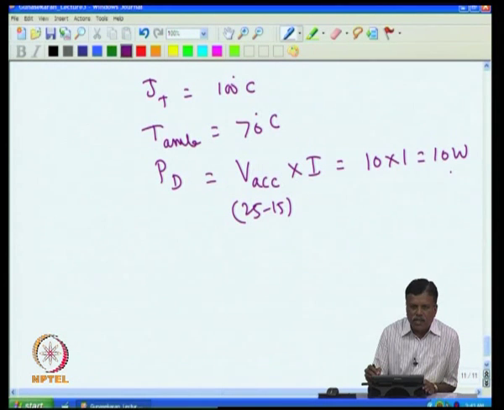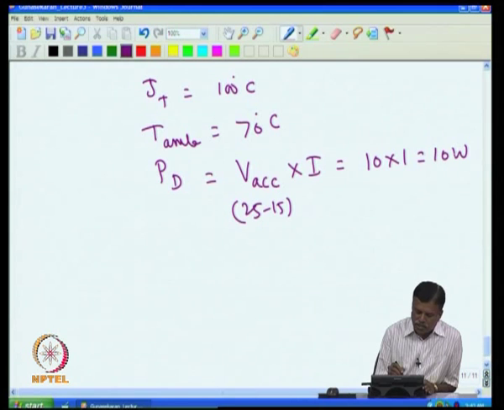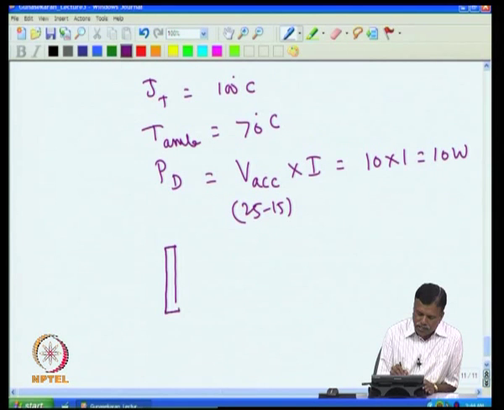Now, we have to see how the transistor is mounted in the real world. So, normally you have a transistor, and in all the power transistors invariably you have a junction here, this is the junction, and this is the case of the transistor.